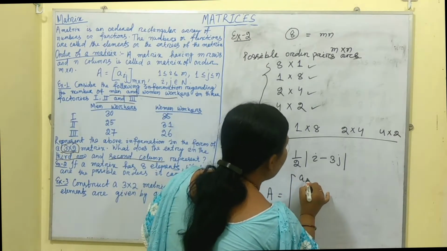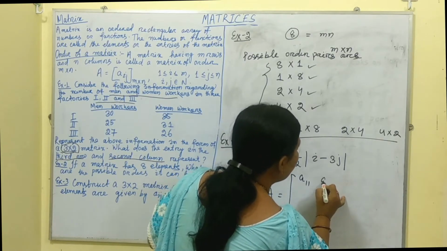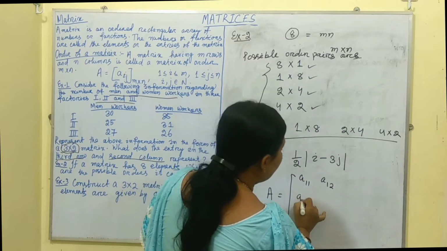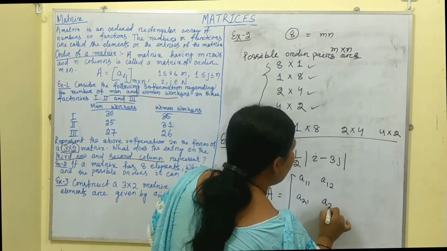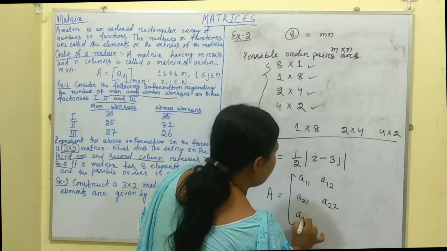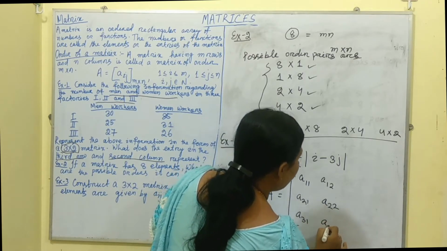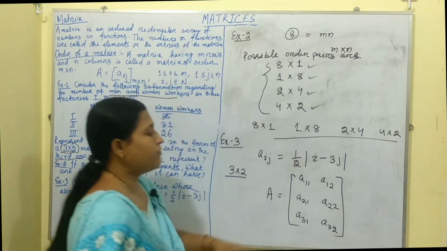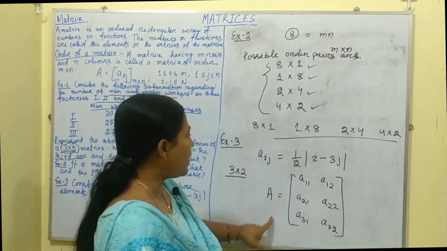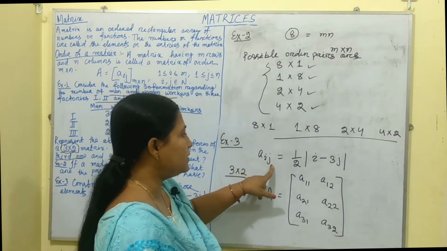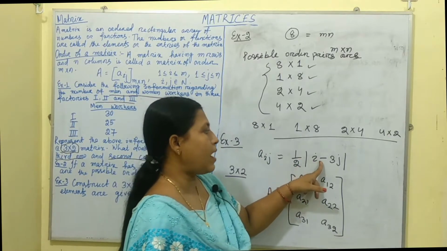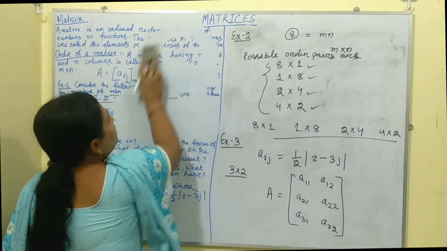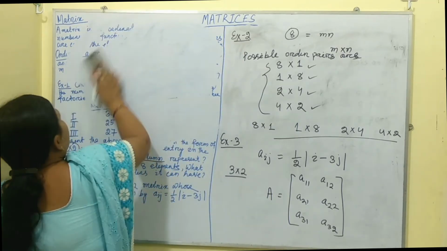So A11, A12, A21, A22, A31, A32. We find this matrix by using the formula Aij equal to half into modulus of i minus 3j. Got it? Okay.